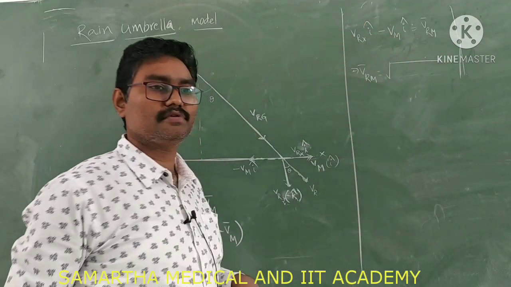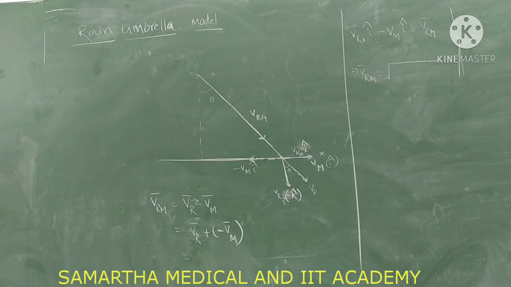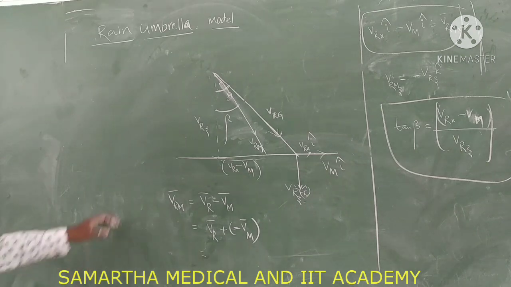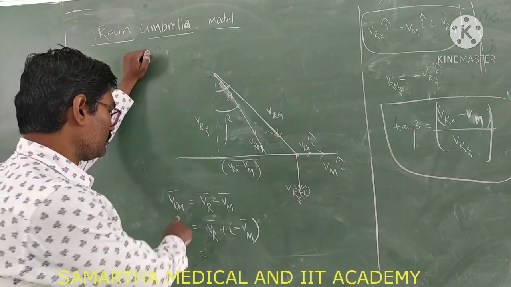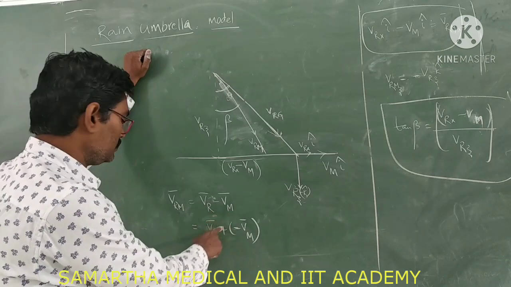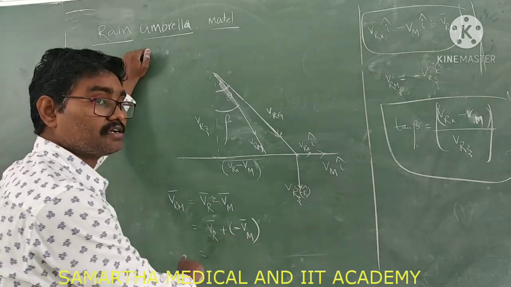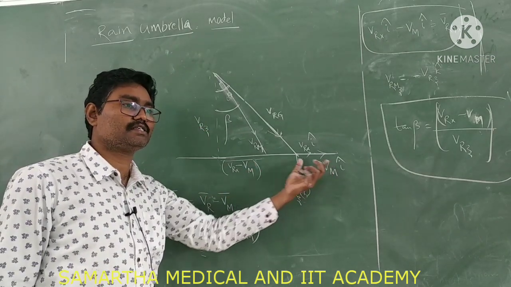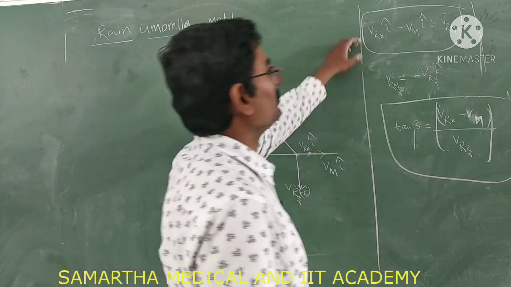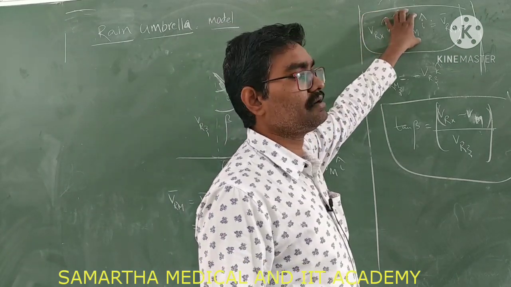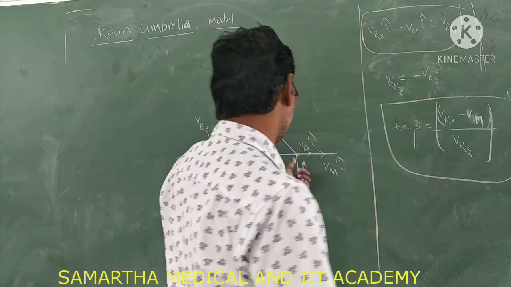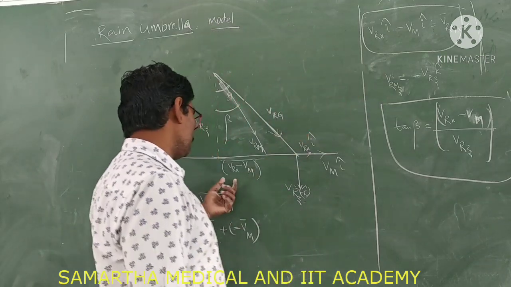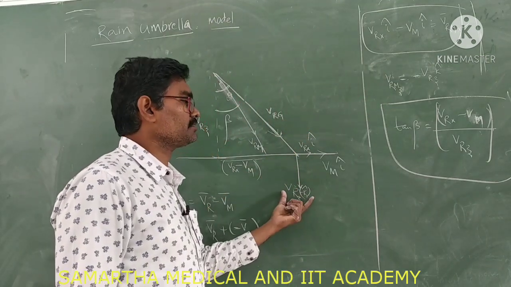Square root of Vr square plus Vm square minus 2Vr. Clear? Vrm bar equals Vr bar minus Vm bar, general formula. But here you have components, some along the x-axis and one along the z-axis. So Vrx i cap minus Vm into i cap gives you the velocity of rain with respect to man, and the other is along the z-axis.